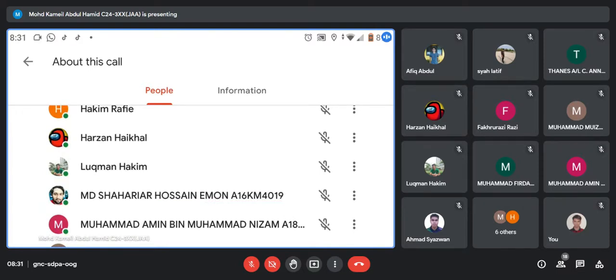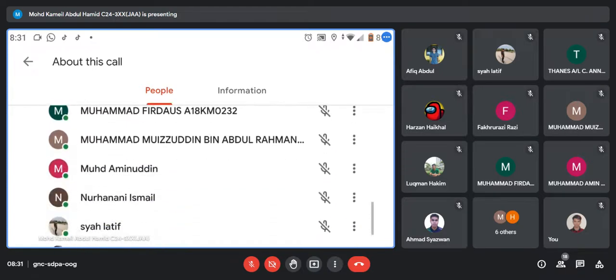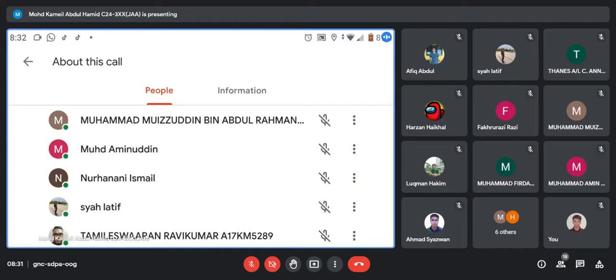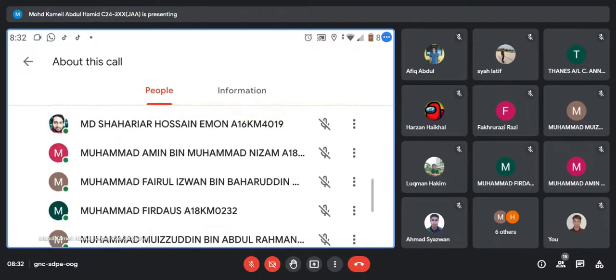Kita minta Lokman Hakim and Fairul. Okay, Lokman Hakim and Fairul standby untuk part C.